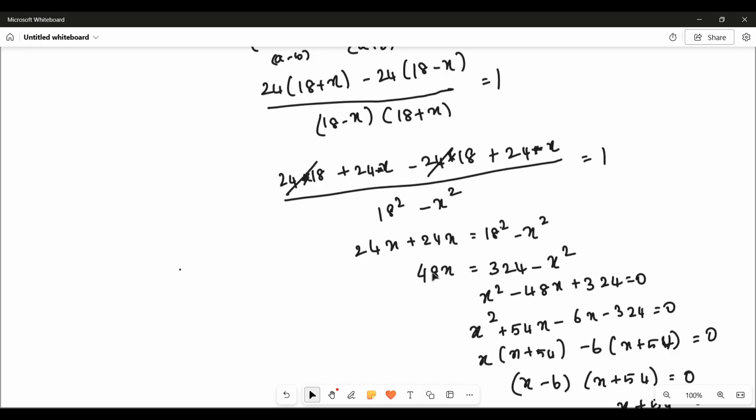Now 24 plus 24 becomes 48x, and 18 squared is 324 minus x squared. So I'll get a quadratic equation here. Bringing the minus x squared to the other side, this is x squared plus 48x minus 324 equal to 0.